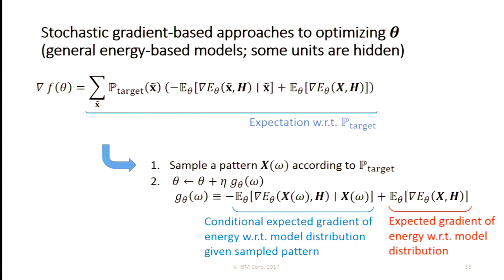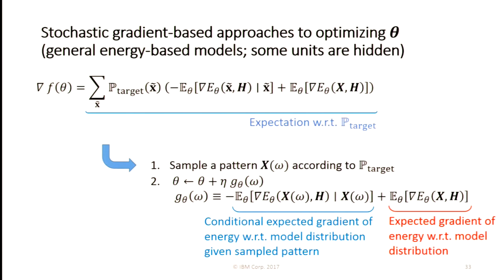The only change is that for hidden units, we use the conditional expected value given these visible values. I always use x omega to denote sampled visible values, and capital H to denote random hidden values.